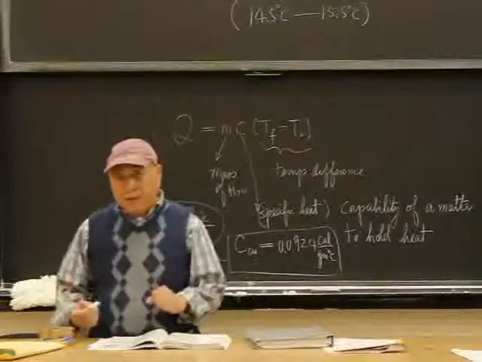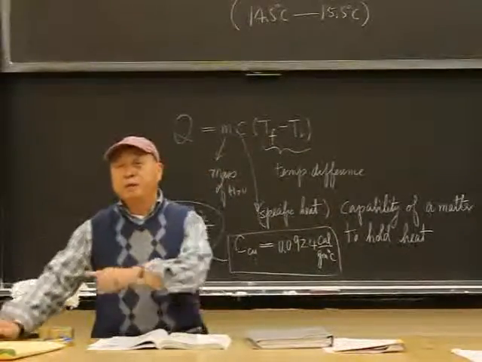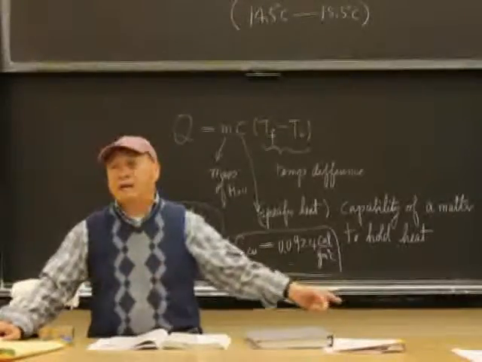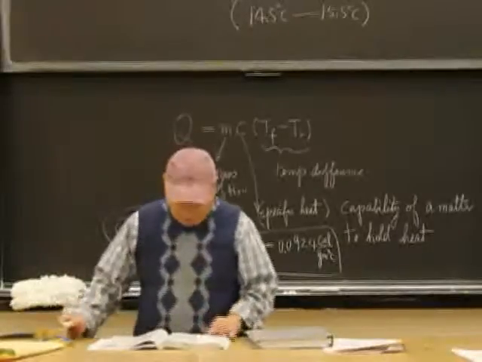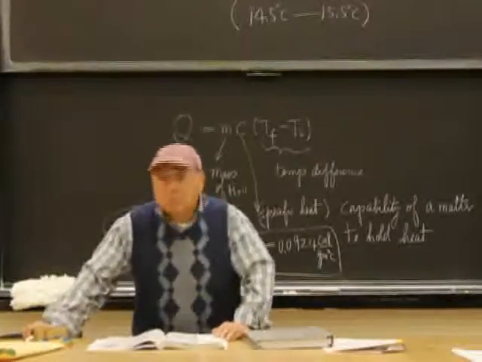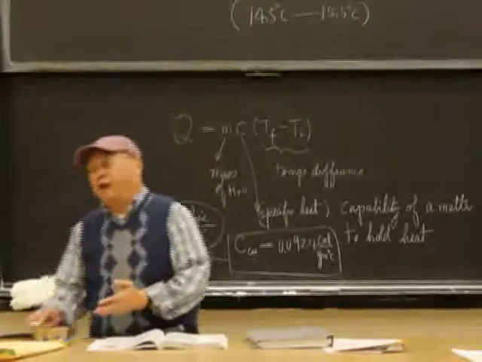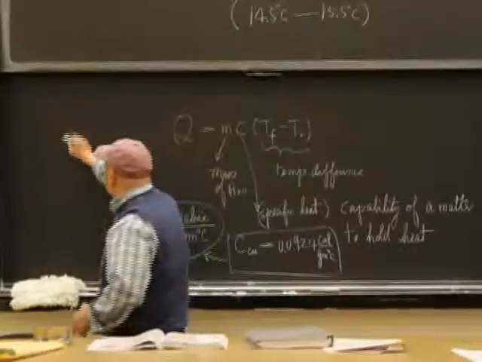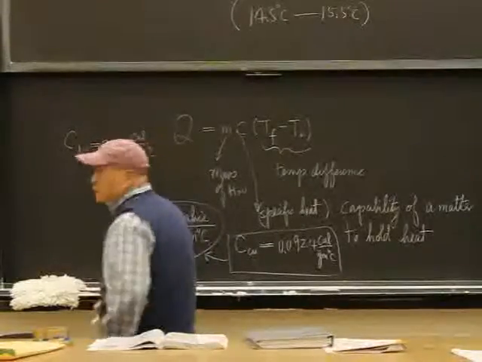If you have a piece of copper and burn it at one end, pretty soon the heat is transmitted to the other end. It cannot hold the heat. The same thing with aluminum. If you look at the chart, the specific heat for aluminum is 0.215 calorie per gram per degree Celsius.